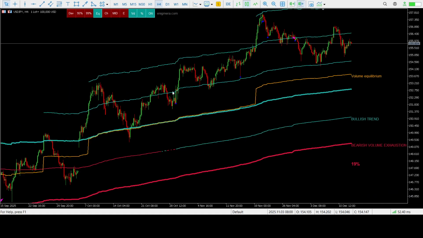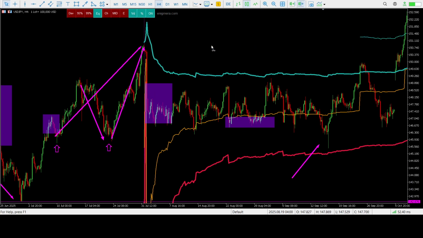Okay, back to 4 hours. This is my signal. And what is this? This is our shorts. We can short from here or from here, or even from the bullish exhaustion line.